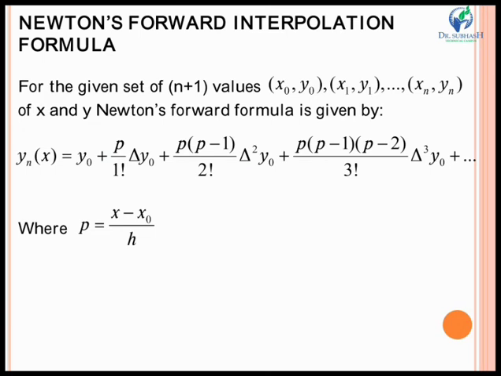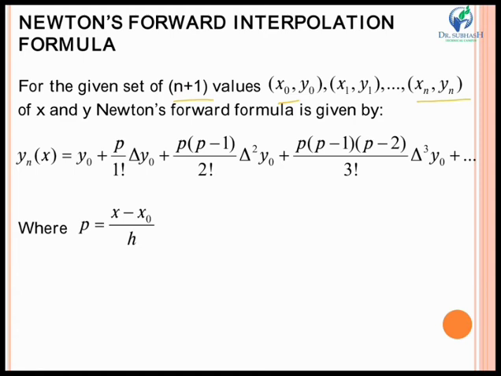Now let us see the first formula of the chapter, that is Newton's forward interpolation formula. As we have just discussed in the starting of the chapter, that forward formula is used when we want to find the value from the starting of the given data. Okay, so Newton's forward interpolation formula is for the given set n plus 1 values x0, y0, x1, y1 up to xn, yn.